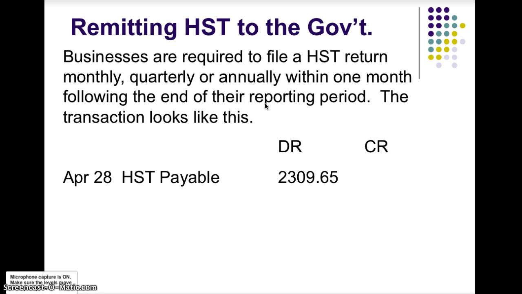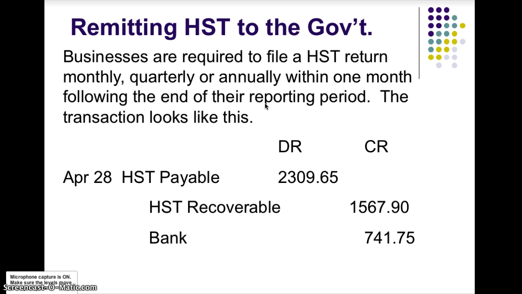We are going to debit HST payable, credit HST recoverable, and credit bank. Our bank is only credited $741.75 because we are entitled to recover the HST that we have already been charged by our suppliers. That is our HST recoverable.